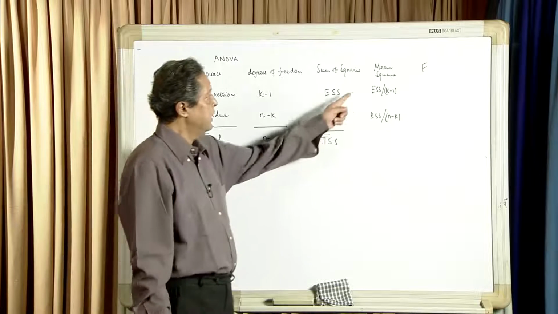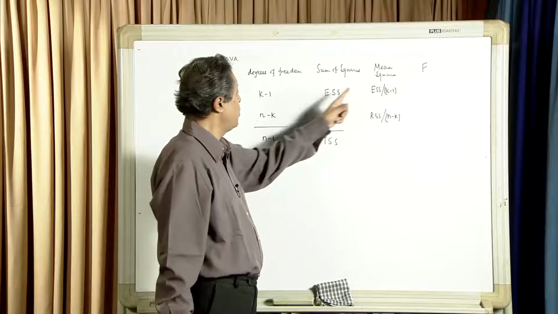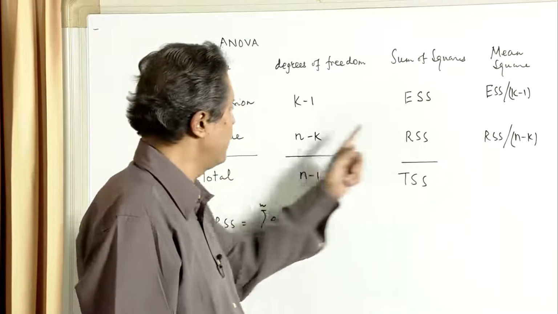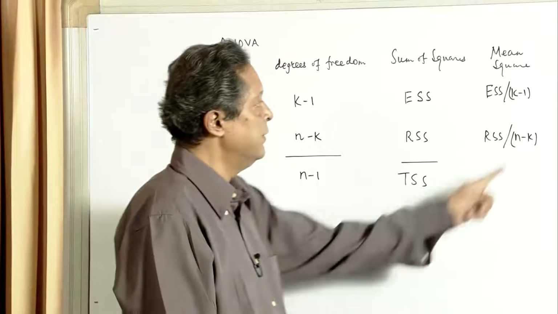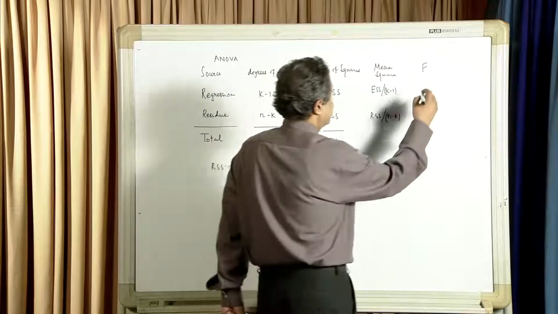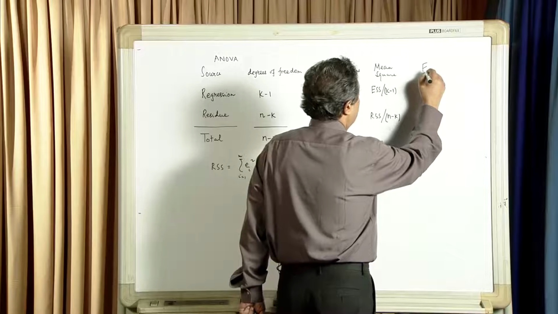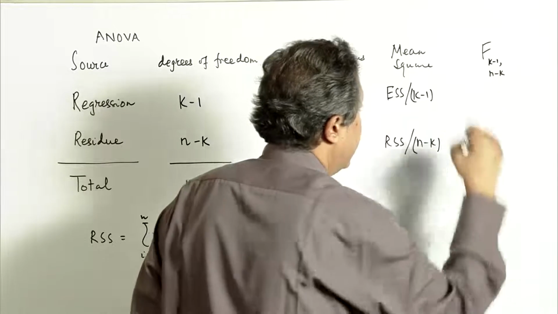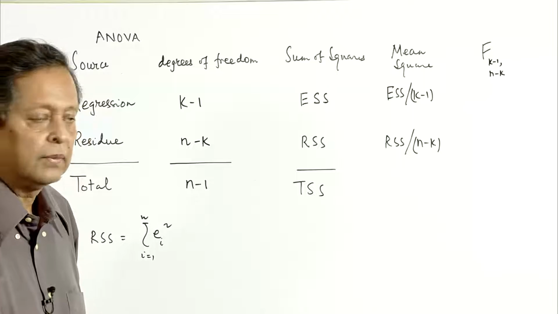Finally, the ratio of the mean square arising from the regression to the mean square arising from the residue is given as an F distribution with k minus 1 and n minus k degrees of freedom.